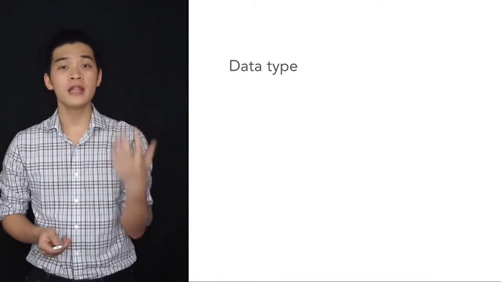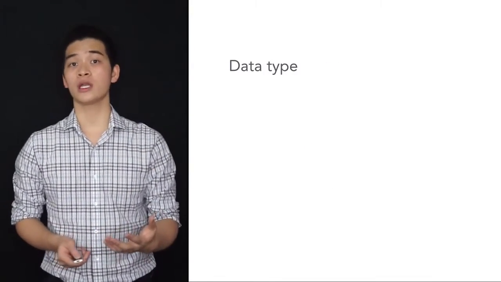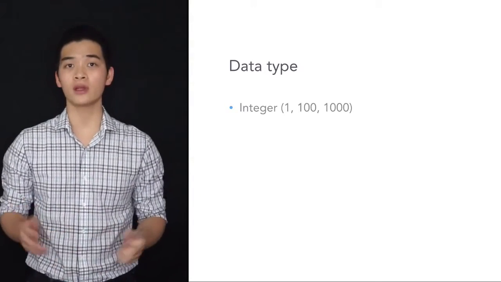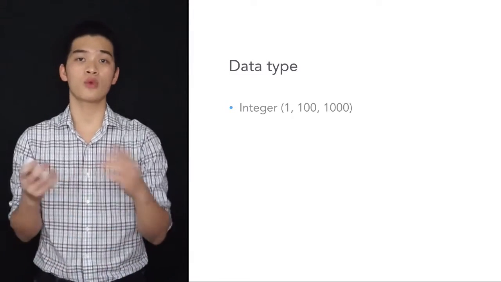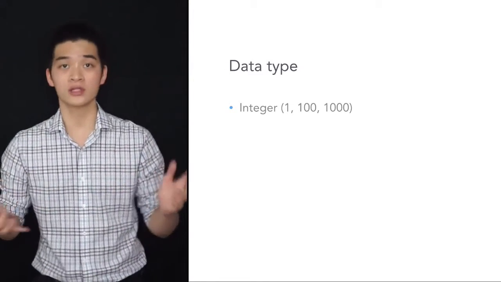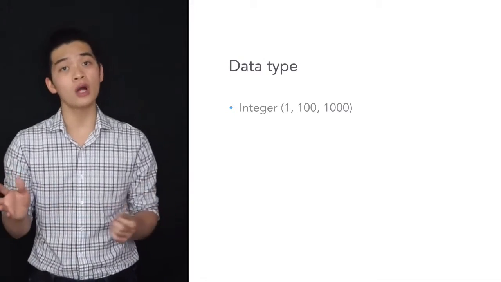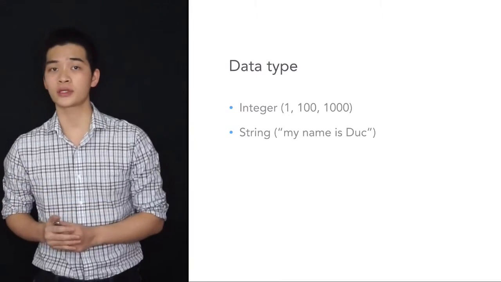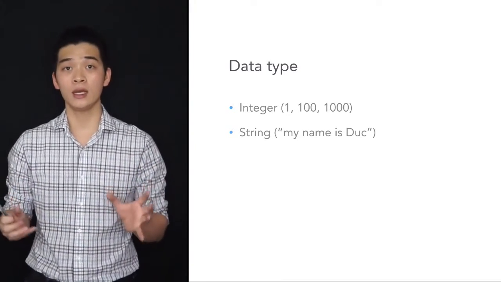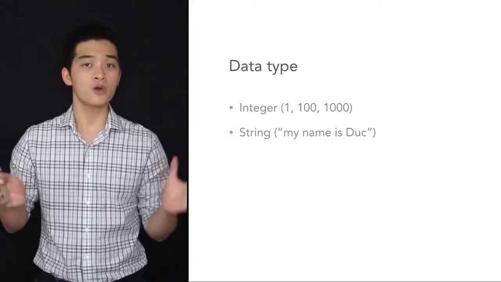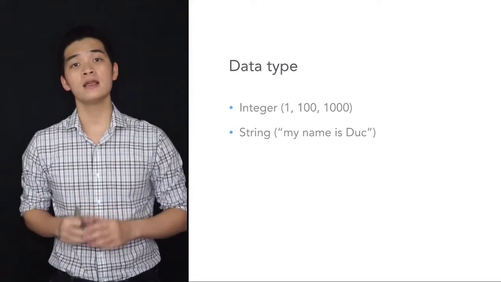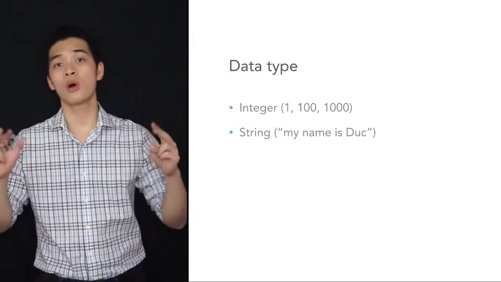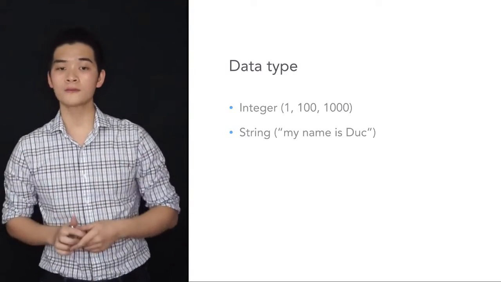Now, the basic data types in Swift, we have a few of those. The first one is integer. Integers are round numbers, 1, 2, 3, 1000, 100, okay? We use that all the time. We also have string, a sequence of characters. But the rule in Swift, and I think in most languages, is that you have to wrap the sequence of characters in quotation marks, okay, quote unquote, alright?